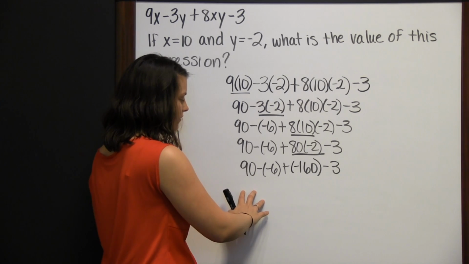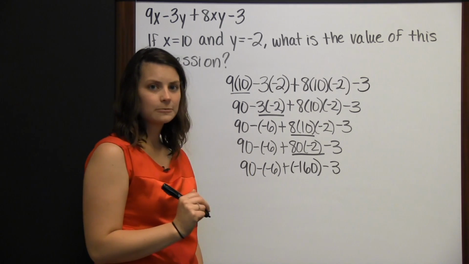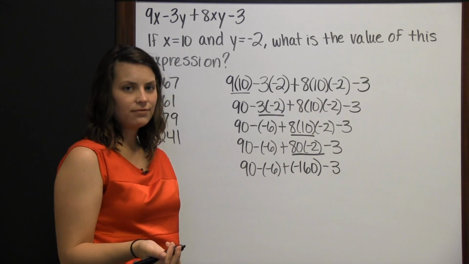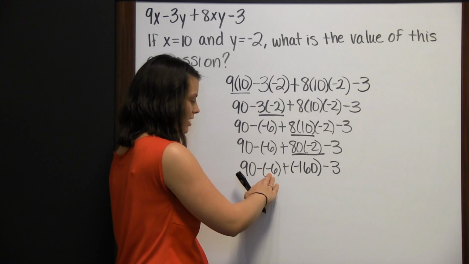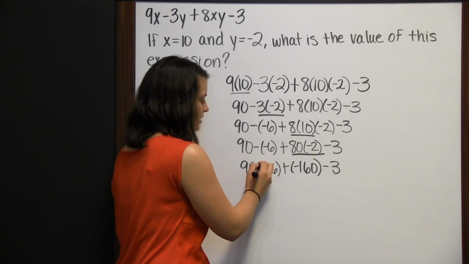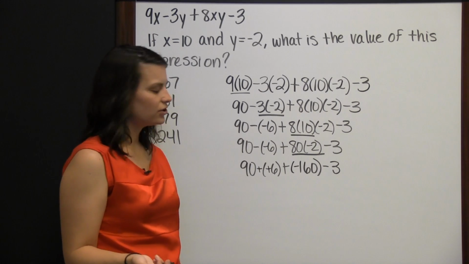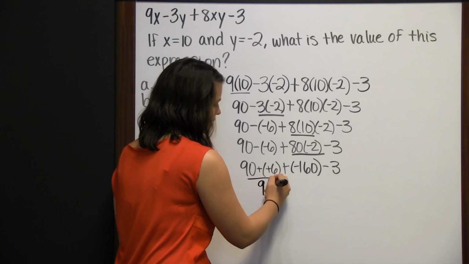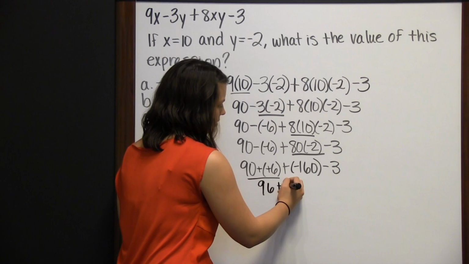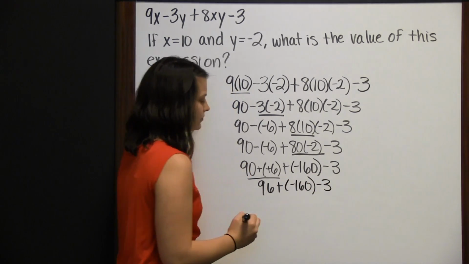So starting on the left, we're going to start with 90 minus a negative 6. Minus a negative, you can think of this like you're taking away a negative, which is the same as adding a positive, or you can add the inverse. So we have 90 plus 6, 96, plus negative 160 minus 3.